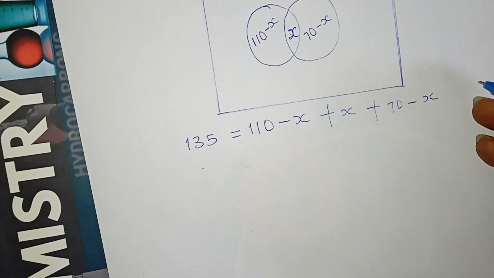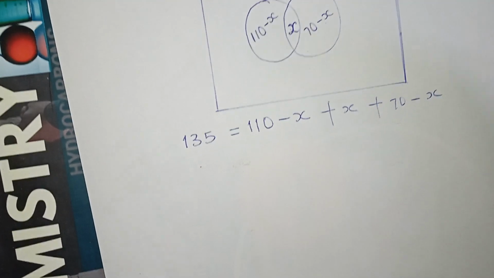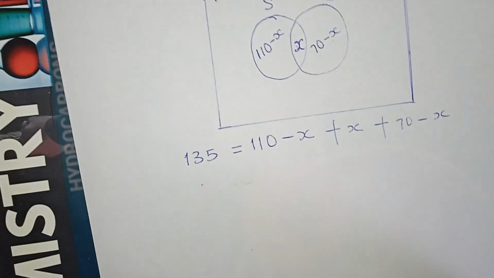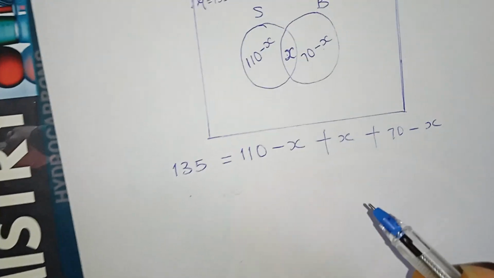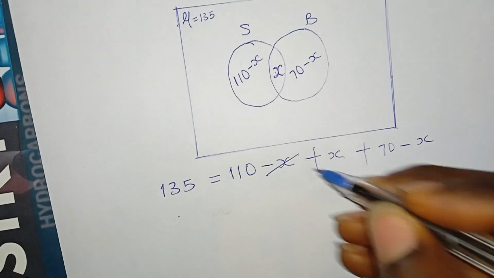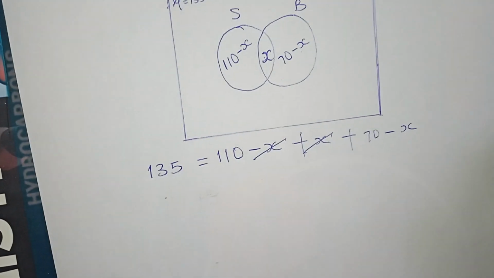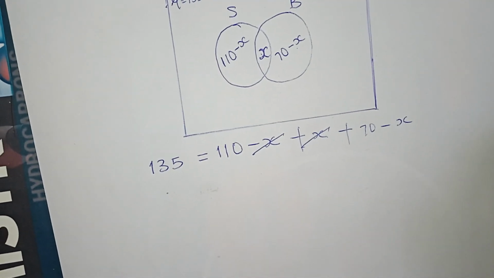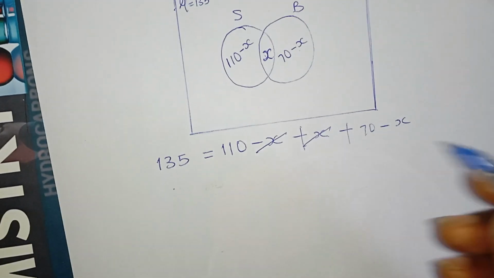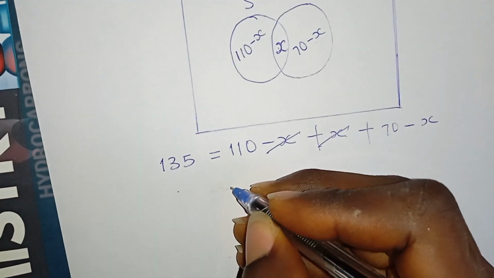So notice that this X cancels this X automatically, and we'll now collect like terms.